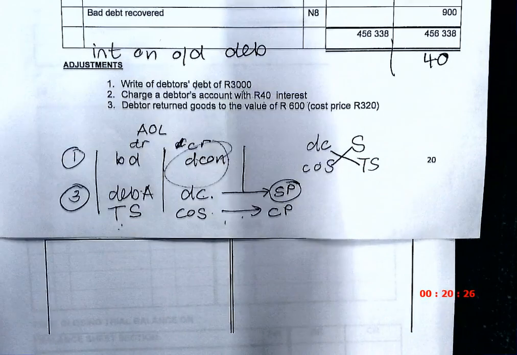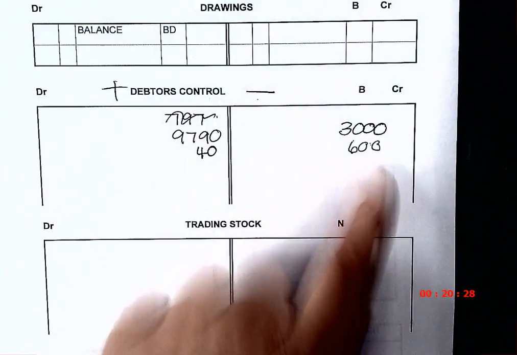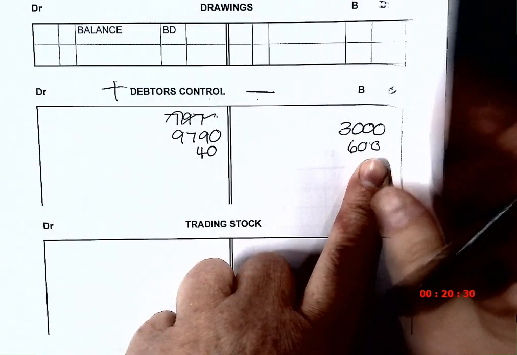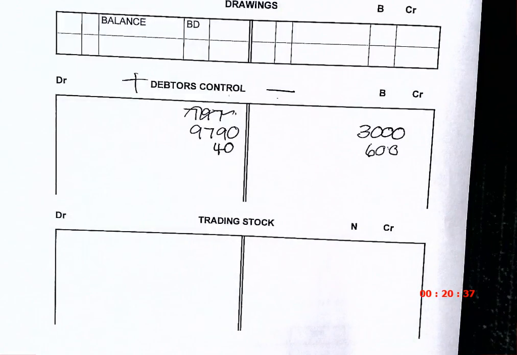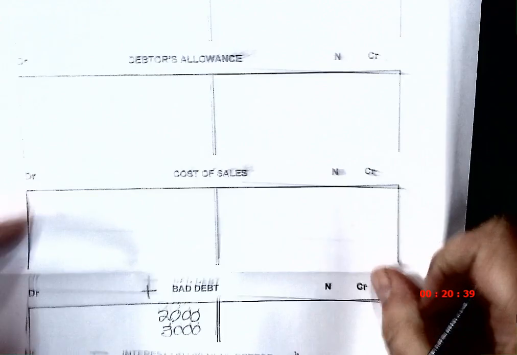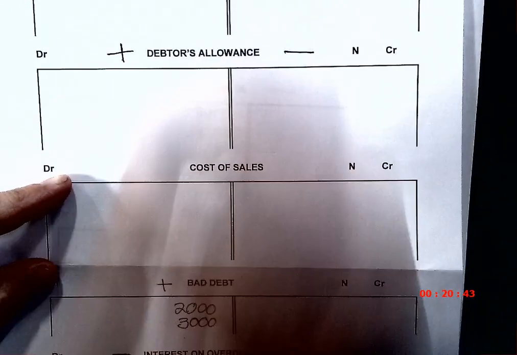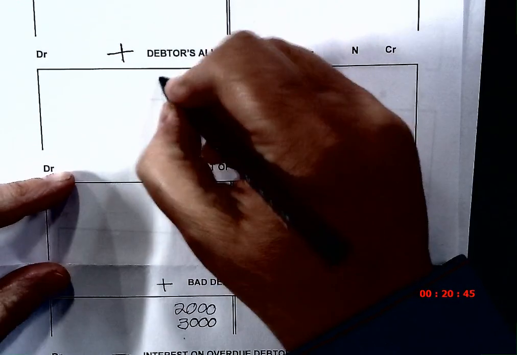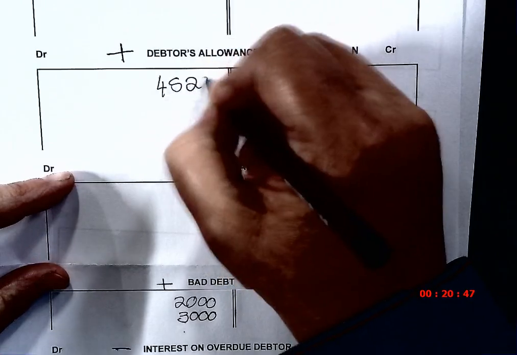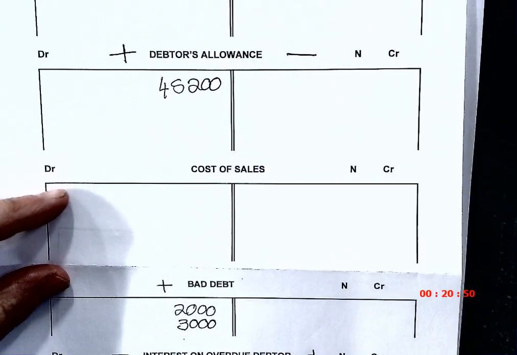Okay, so I've done my debtor's control. What am I going to debit? Debtor's allowance. Did I give you a debtor's allowance somewhere? I see there. And I see debtor's allowance is must say expense. And it has a debit balance of 45,200. And what's happening now?